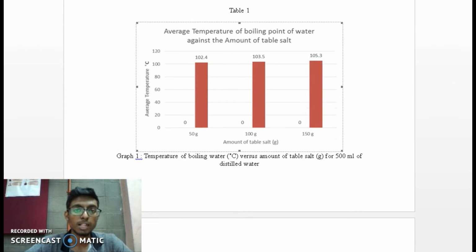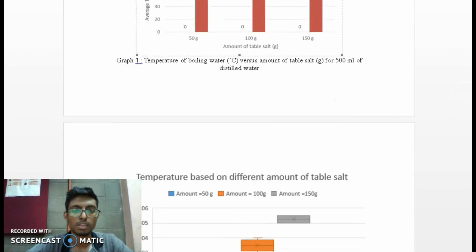These both ions will help to break down the bonds between the water molecules. To break down the bonds, the ions require more energy. So this energy will cause the boiling point of water to slightly increase from 100 degrees Celsius until 105.3 degrees Celsius.